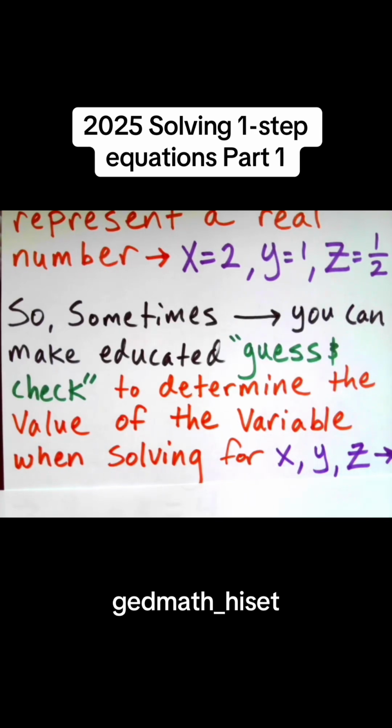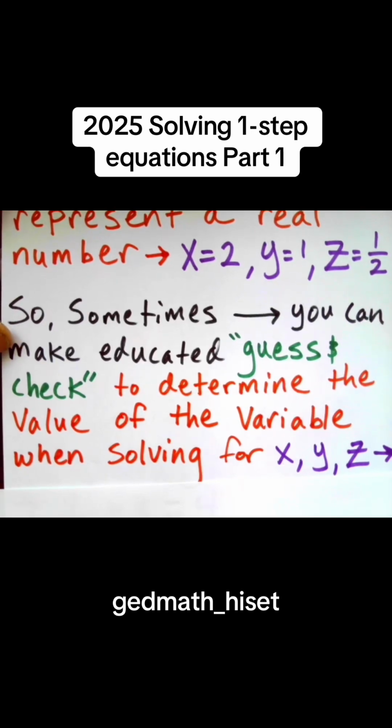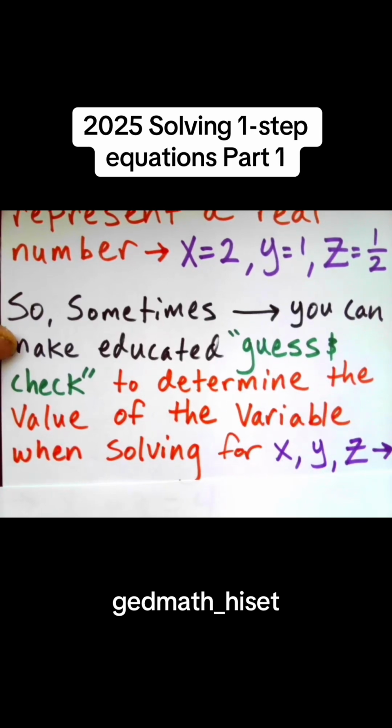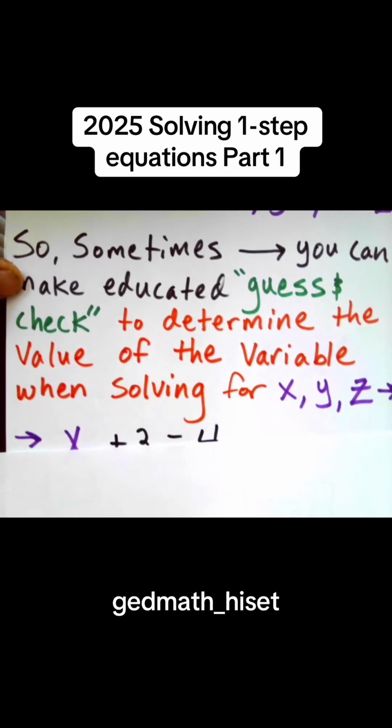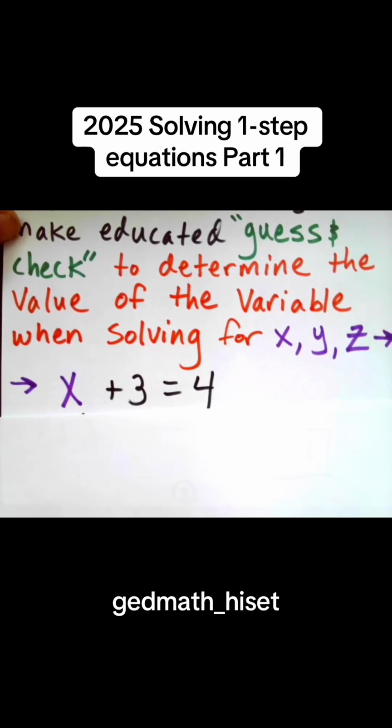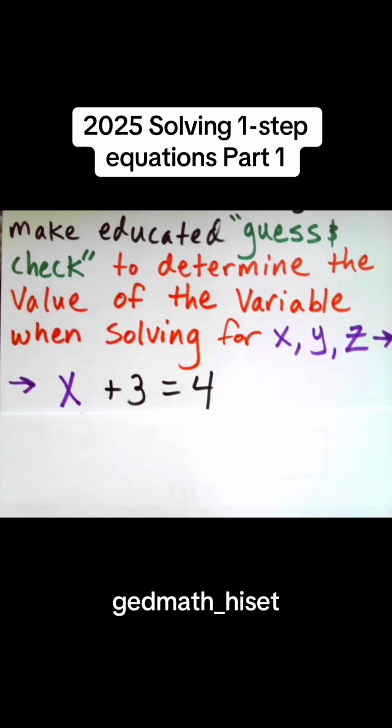So I'm going to show you a brief example here of what I mean. But typically, you're going to want to use the inverse or the opposite operation to solve for the variable x, y, and z. And when I mean inverse, it's the opposite of adding, subtracting, multiplying, dividing, exponents, radicals, square roots.